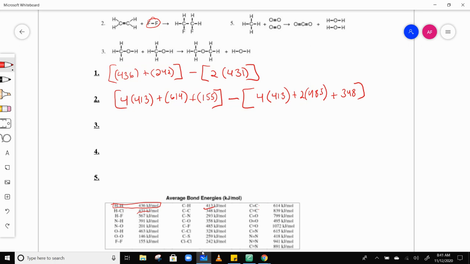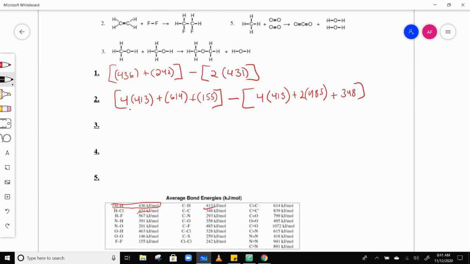The hardest part of this is just keeping track, making sure you have accounted for every single one of the bonds. It does help if as you do it, you can just kind of go, okay, I did these ones. Okay, I did that one. Okay, I did this, this, this, this, this. That helps a little bit, but it also makes it a little bit ugly too. Okay, sometimes I'll label these.